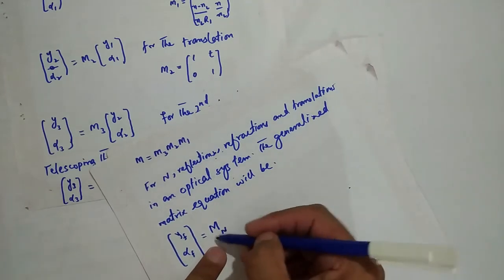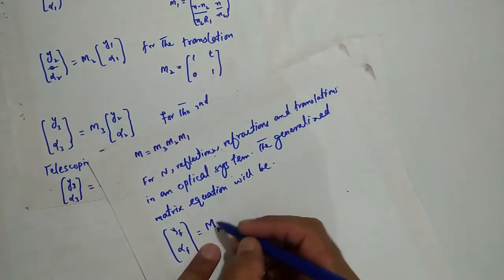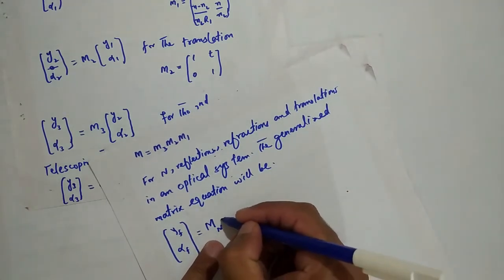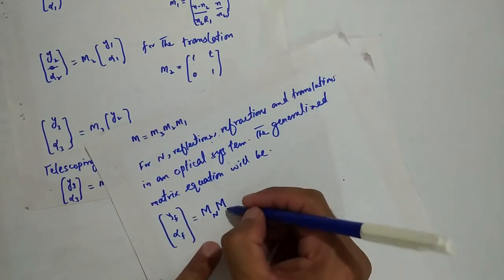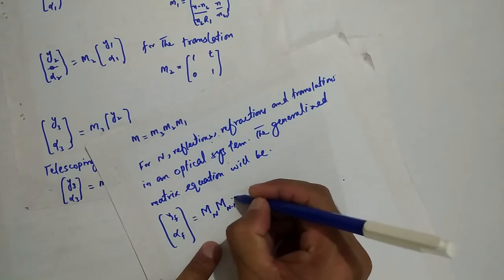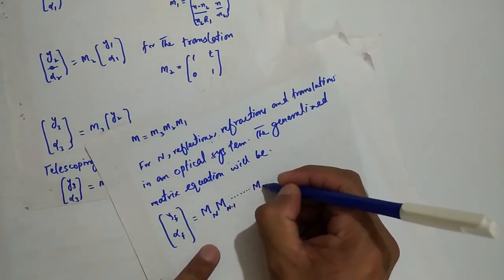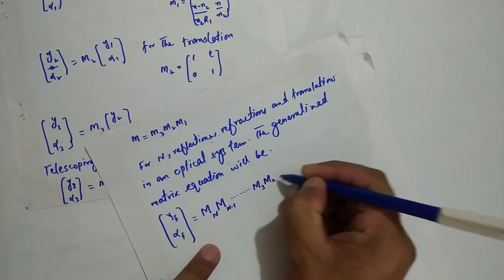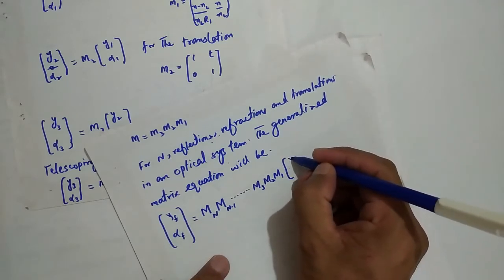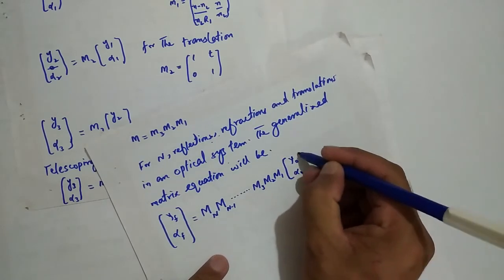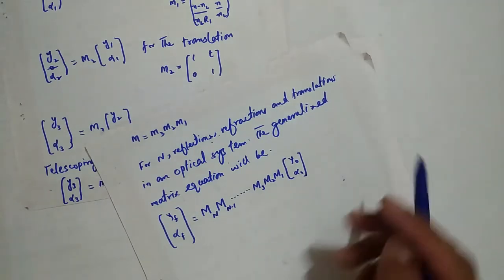So this is the matrix for the last refraction or reflection, whatever happens in the optical system, and then it will be Mn minus 1 and then Mn minus 2 and so on, and at the last we will get M3, M2, M1 times the initial coordinates, which are y0 alpha 0. This is the generalized matrix equation. Clear?